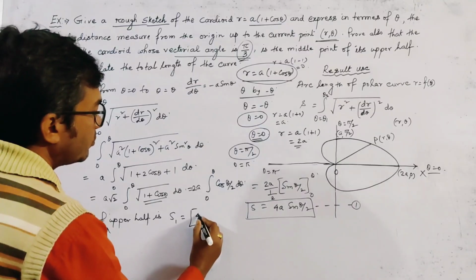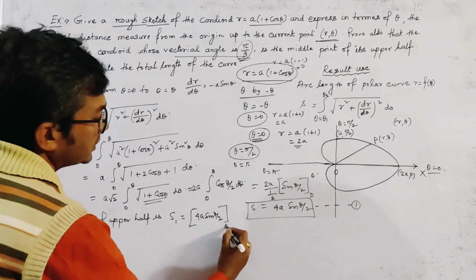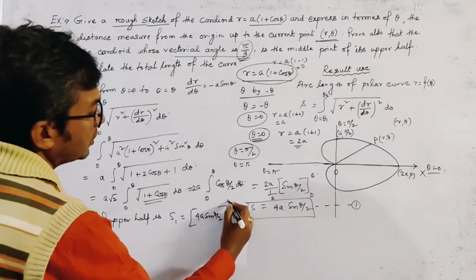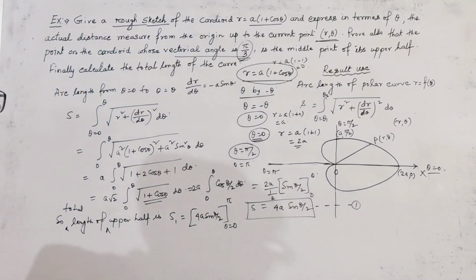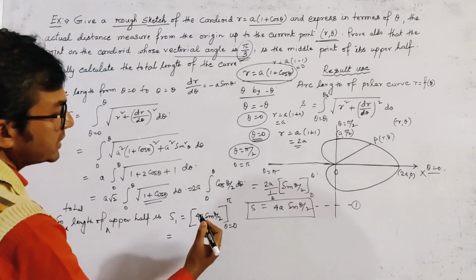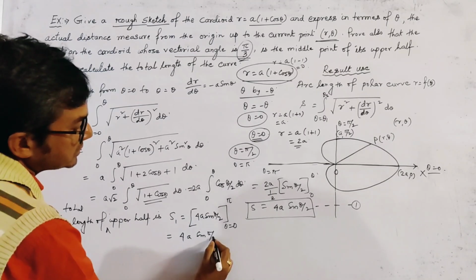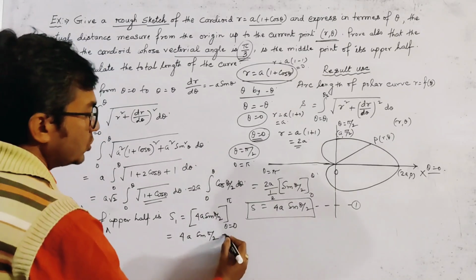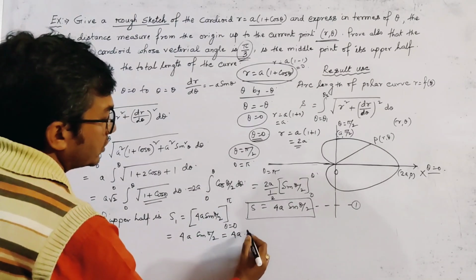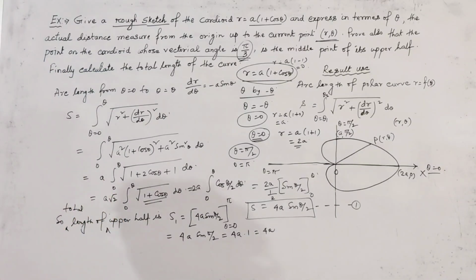Here we put 4a sin theta by 2, with theta equal to 0 to theta equal to pi. Getting the result as 4a into sin pi by 2, so this is equal to 4a into 1, so this is 4a. This is the total length of the upper half.